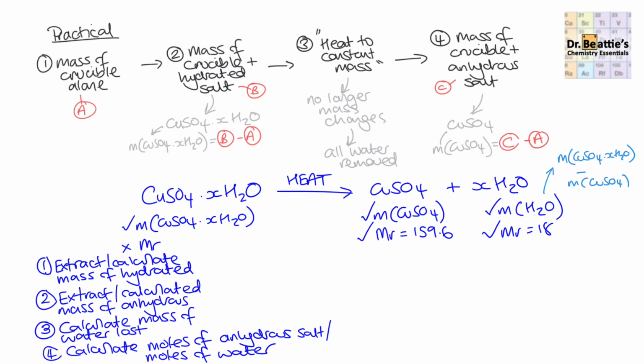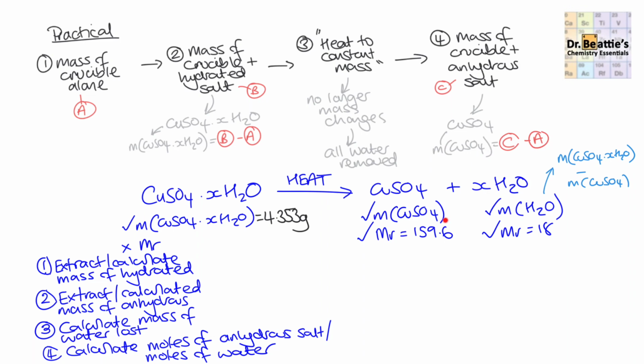Now to demonstrate this, we're going to use some values here. So imagine that we've worked out that the mass of the hydrated copper sulfate is 4.353 grams. That would have been taken at the beginning before heating. And then once we've heated to constant mass, we then got the mass of the crucible and the anhydrous salt. And then from there, we could get the mass of the copper sulfate.